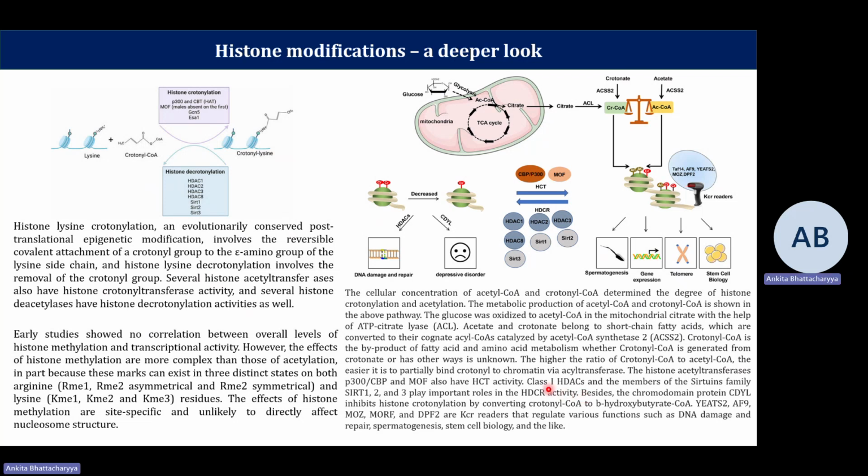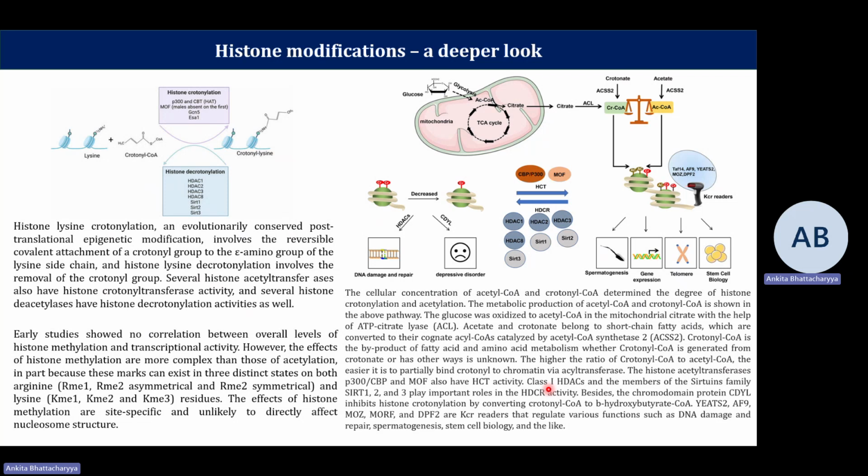Class 1 HDACs and certain members of the sirtuin family, which are SIRT1, SIRT2, and SIRT3, also play an important role in the HDCR activity, or the histone decrotonylase activity.